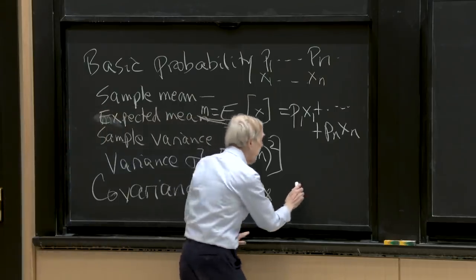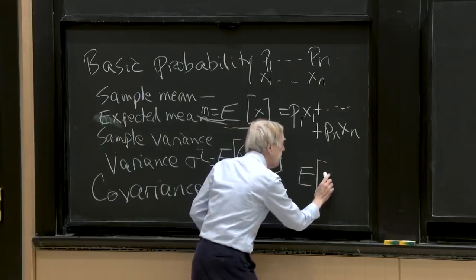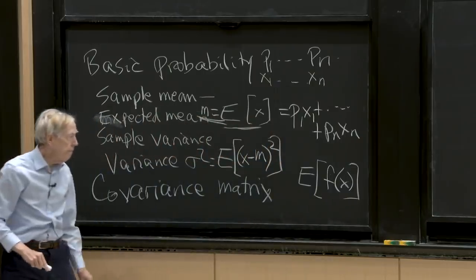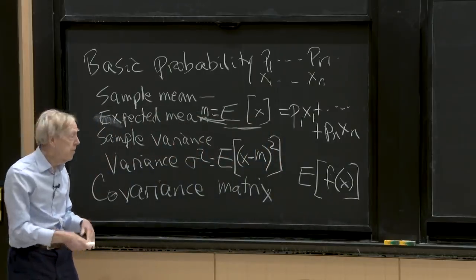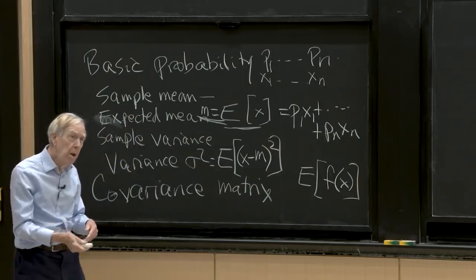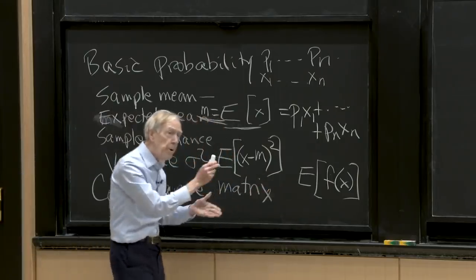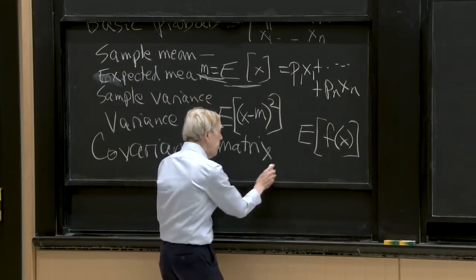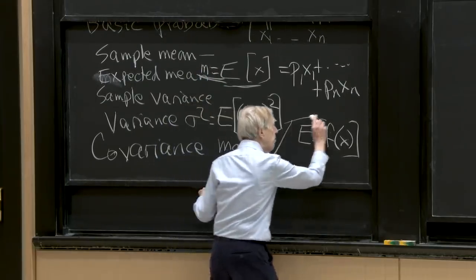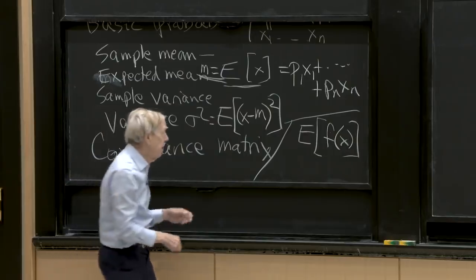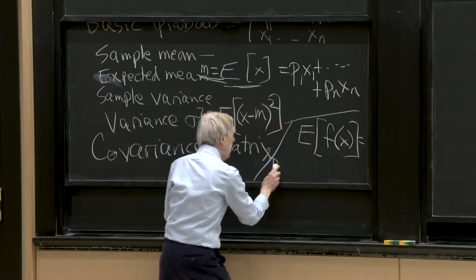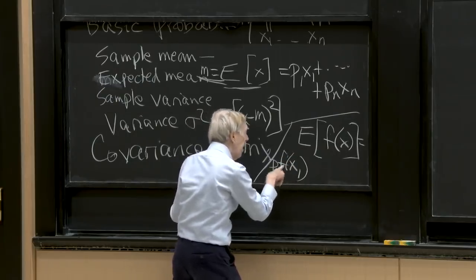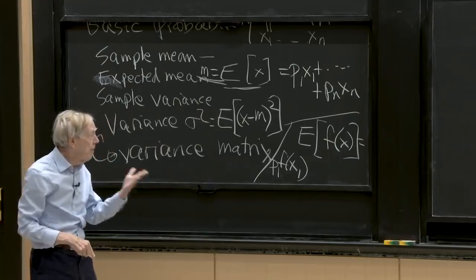But let me just stretch it as far as: what would be the expected value of any function of x? Well, we've got n possible outputs, x1 to xn. We look at f of x1 up to f of xn. We weight those by the probabilities that they happen. So this would be the probability p1 times the value f at x1.